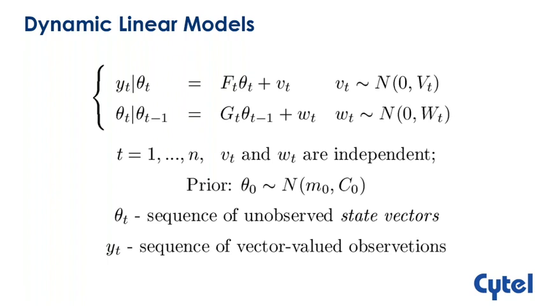And so the variance parameters are assumed to be independent, and we only need a prior on theta 0 because all the other thetas are functions of theta 0 according to the structure above.